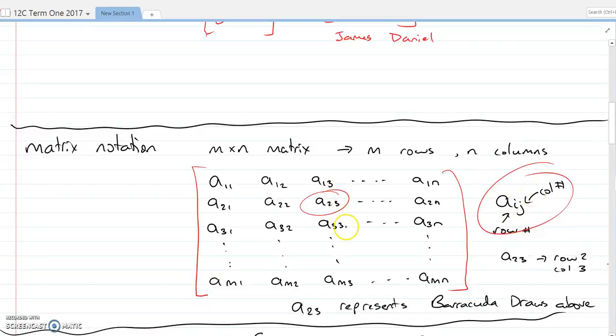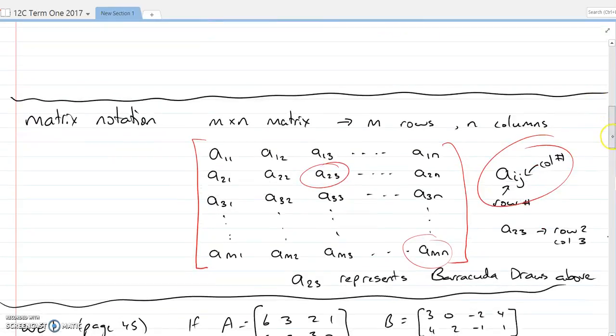So for example here, the 2 is the row, we're in the second row, 3 is the column. Okay, so all the way down to the very last, if we've got m rows and n columns, that is our very last element in an m by n matrix.